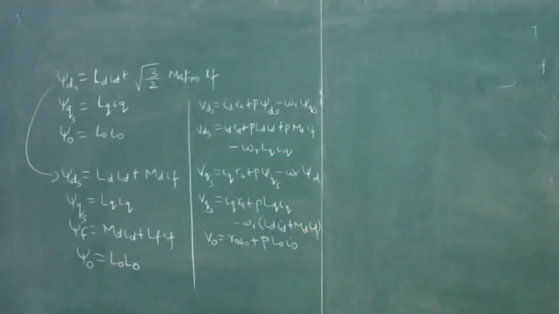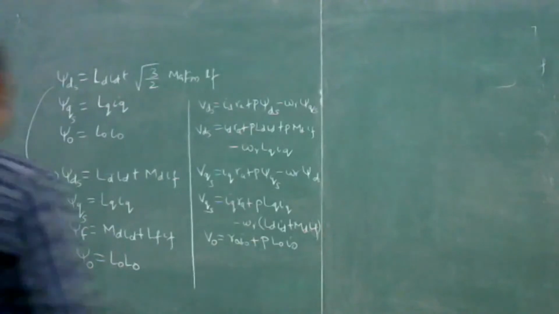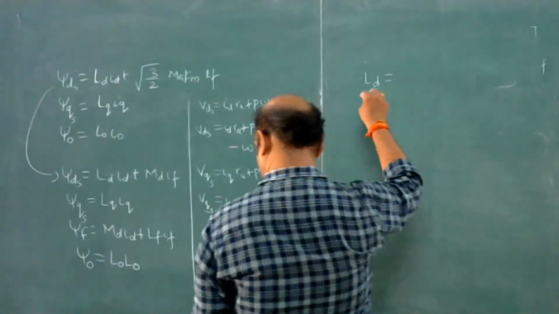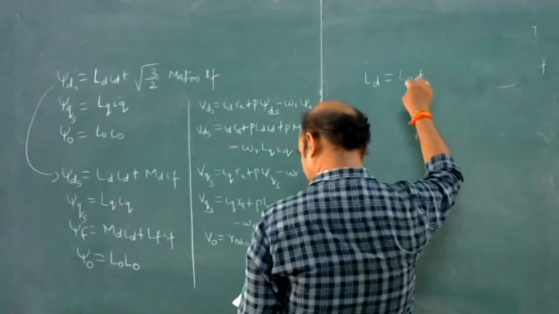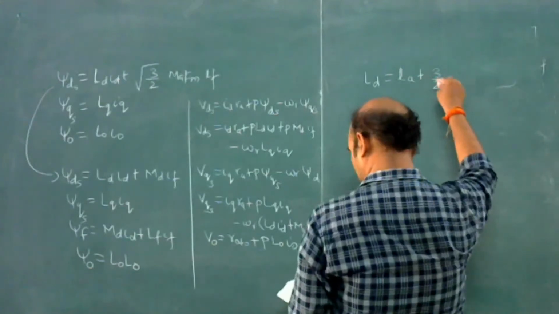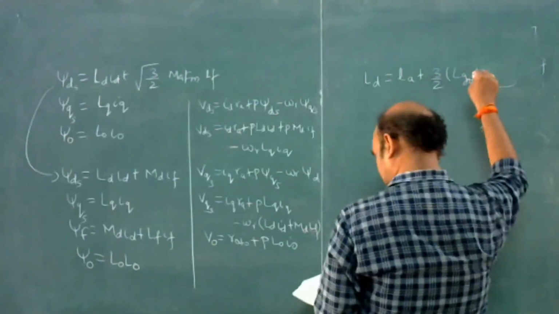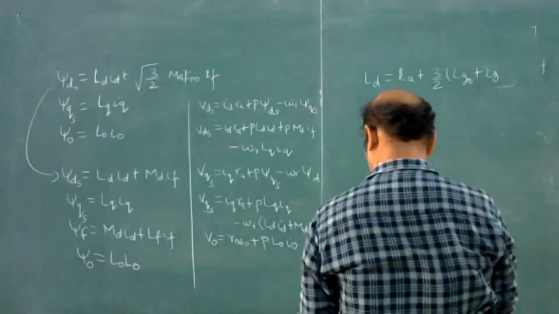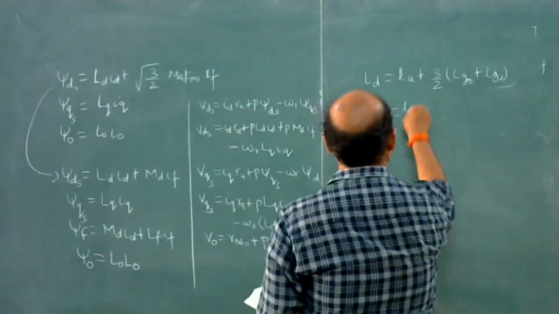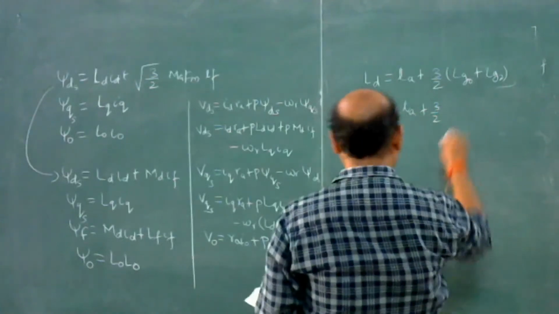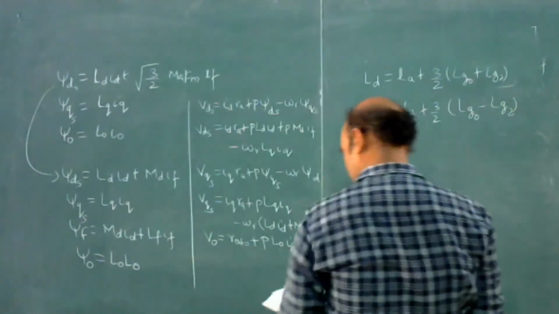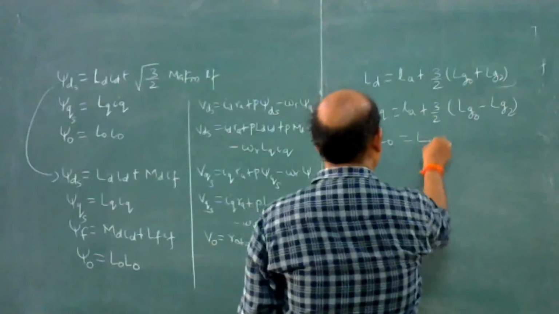So here LD is equal to LA plus 3 by 2 LA 3 by 2 LG naught plus LG, and LQ is equal to LA plus 3 by 2 LG naught minus LG, and L naught is equal to LA.